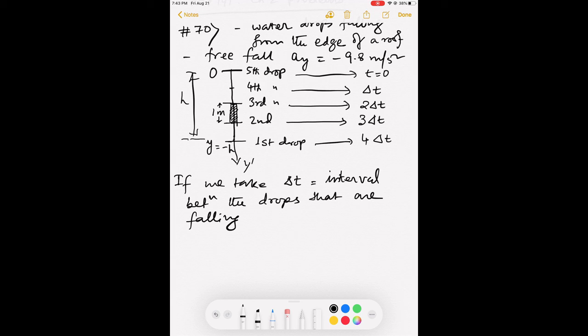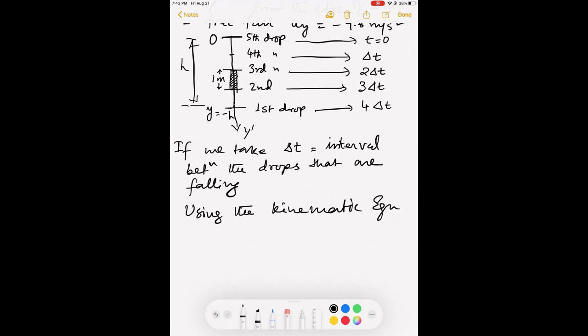Now we have a series of times to work with using the kinematic equations. We're using the position equation: y_f equals y_i plus v_y delta t plus one half a_y delta t squared.